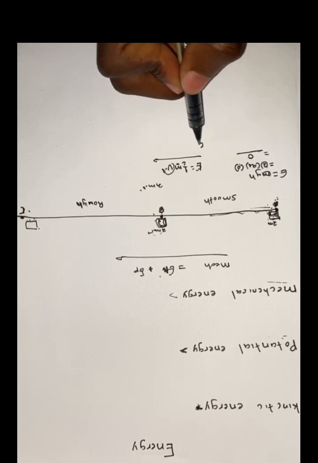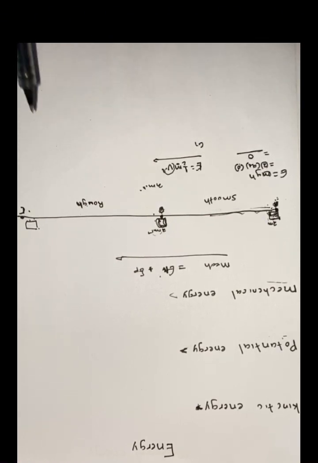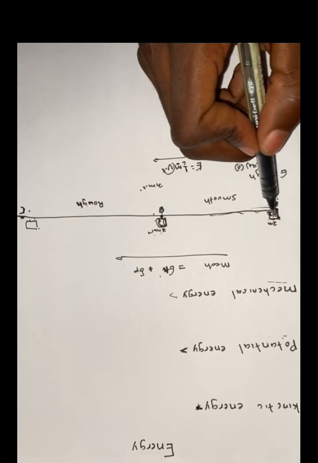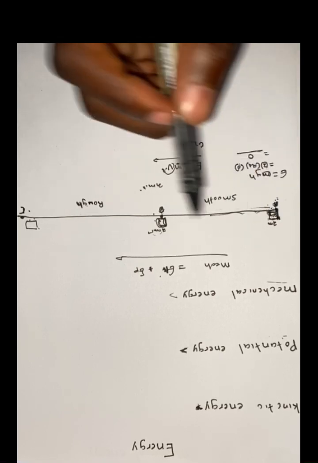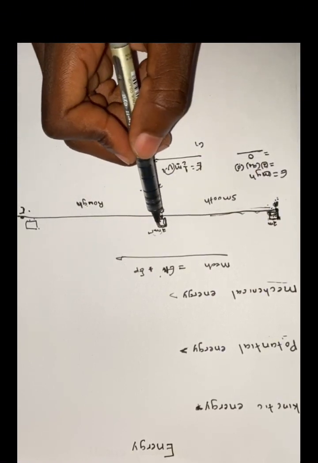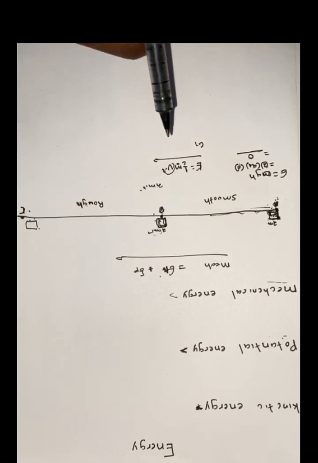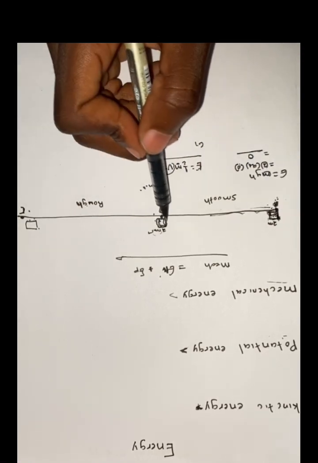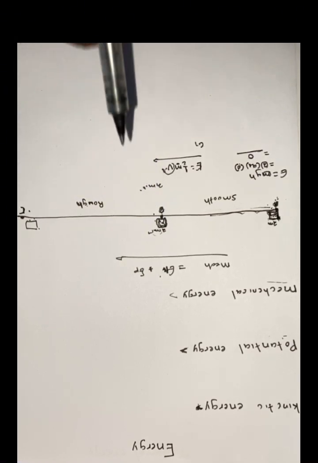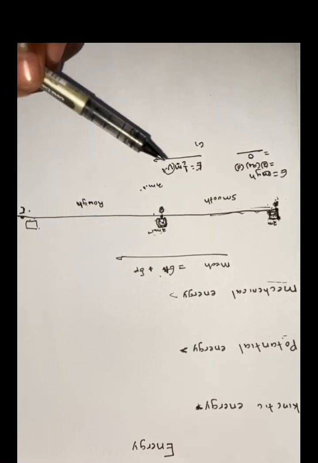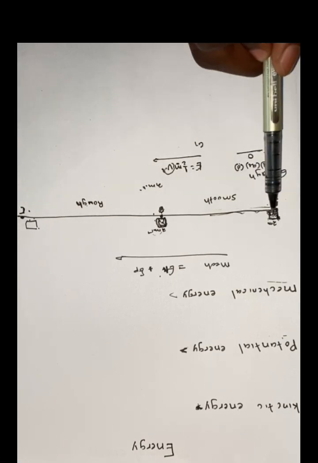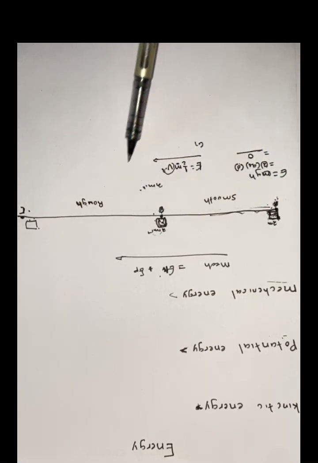And potential energy will also be conserved. Why? Because potential energy initially and potential energy final are both 0. It is equal. What does this mean? It means both kinetic energy and potential energy from point A to point B are conserved.